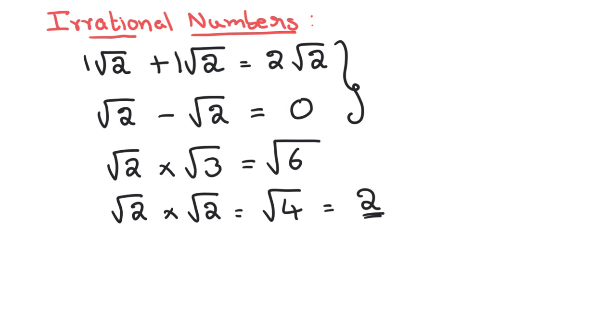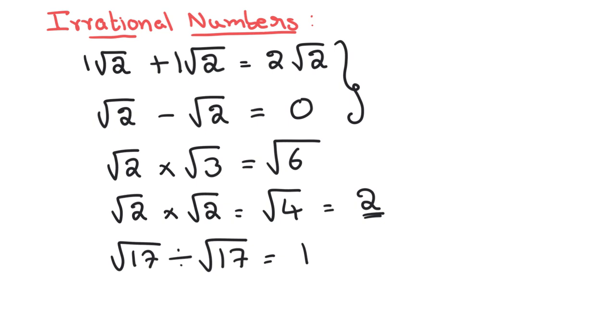Let's look at division now. Root 17 divided by root 17. What is the answer? It is 1. So the quotient of two irrational numbers can land up with a rational number, or it can also be an irrational number.